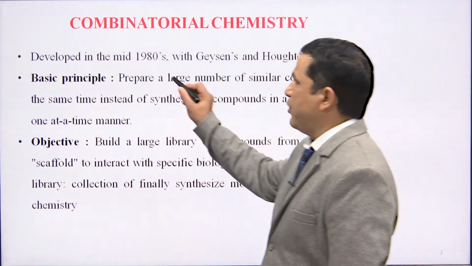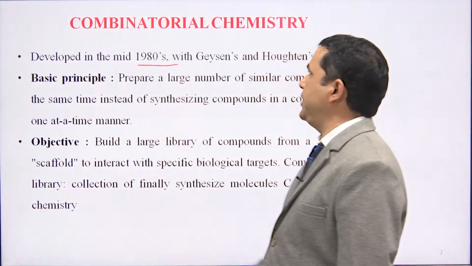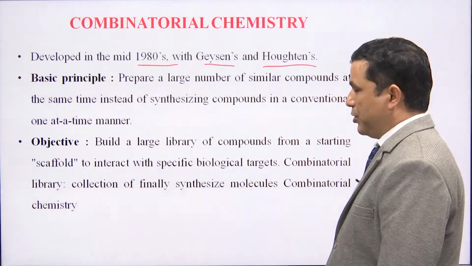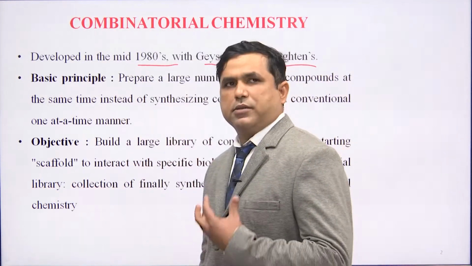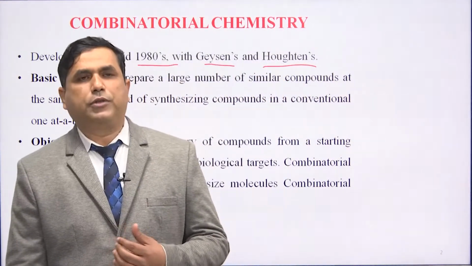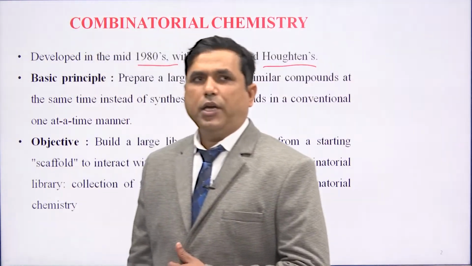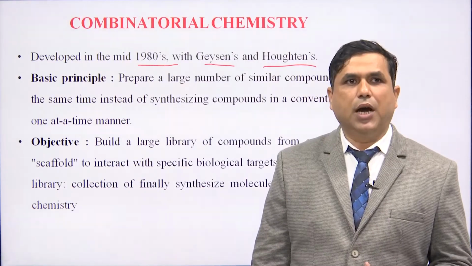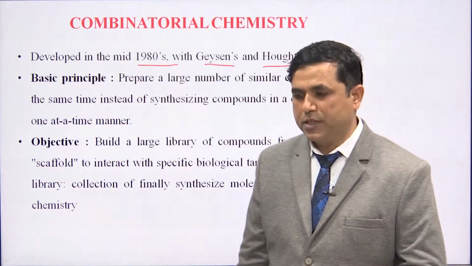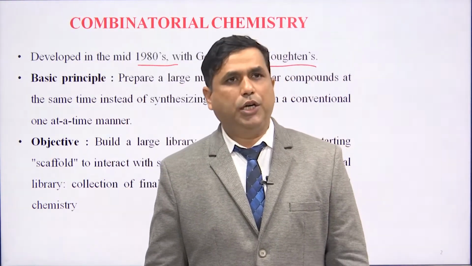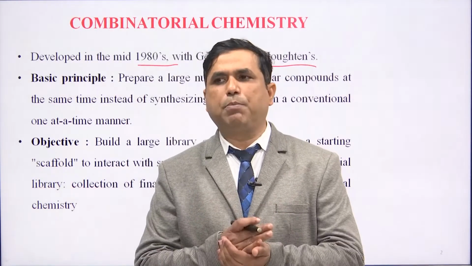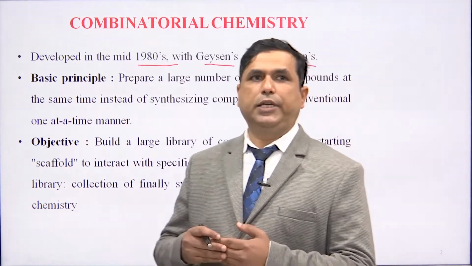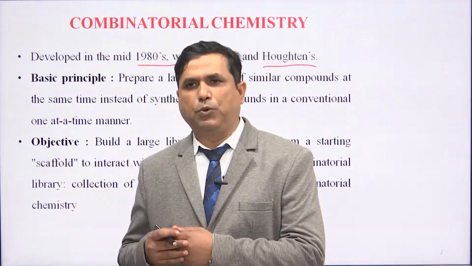It was developed in the 1980s with Geysen and Houghten. So, what is the basic principle of combinatorial chemistry? It is to prepare a large number of similar compounds, which is not applicable for different types of compounds.